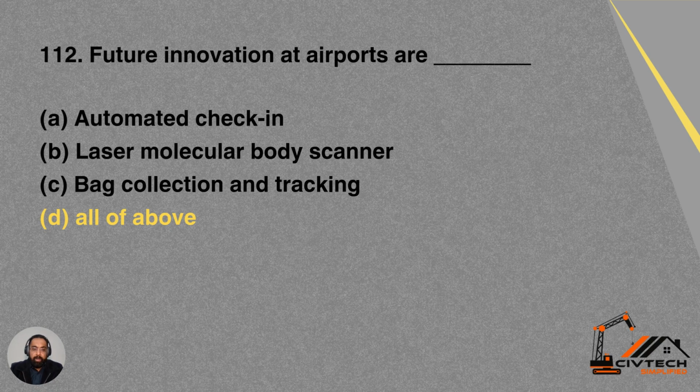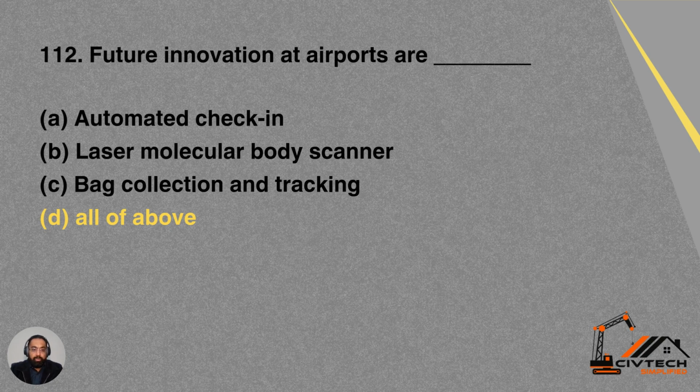I think the advanced and developed countries mostly have these facilities. Especially, I personally witnessed at Dubai International Airport. It is now automatically checked in, and bag collection is done smoothly through tracking number or QR codes.